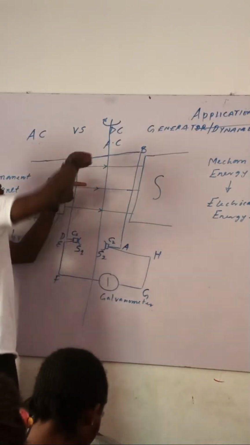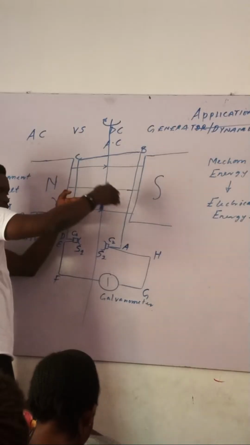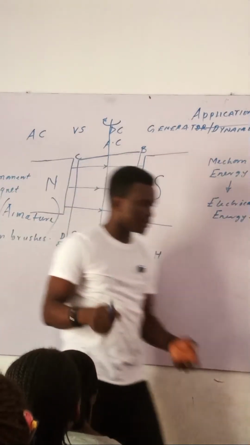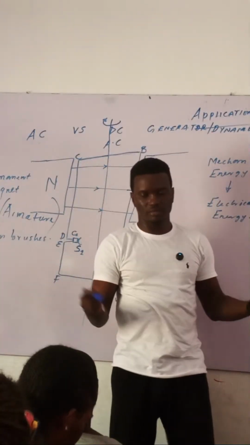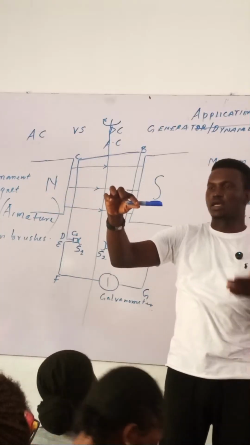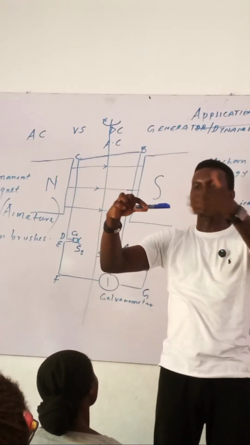So if this is the field, I don't know what to use as an imaginary thing, but you should understand what I'm saying. As the field is running like this, and you are trying to rotate this thing, so it keeps going.